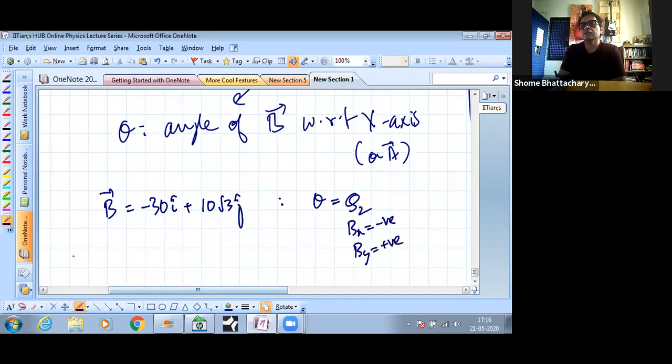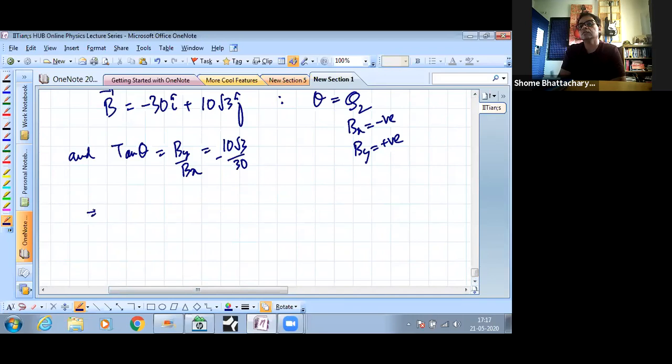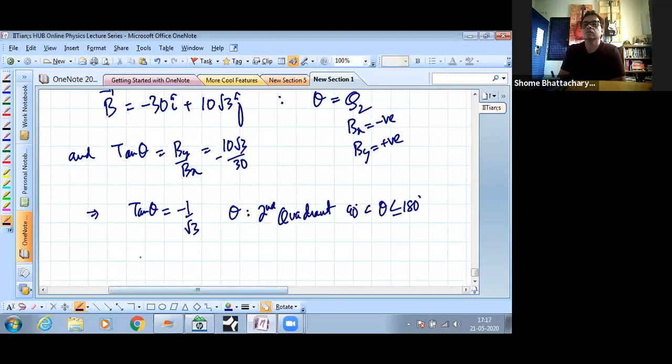Okay, and tan theta is Vy by Vx. So that is 10 root 3 divided by minus of, so this will become minus 30. So we have this thing that tan theta is minus 1 by root 3 and theta is in second quadrant. That is theta is between 90 and 180. Okay. So we'll use second quadrant formula.